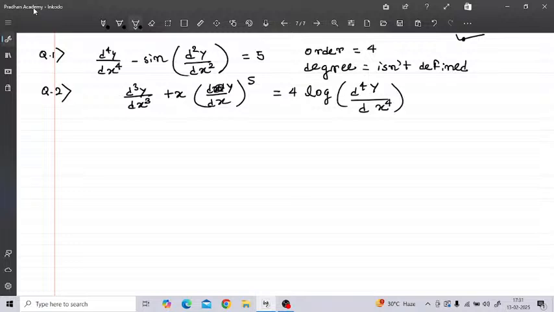Now from this same question, what is order and what is the degree? So here the highest order derivative is 4, so order is 4. But for the degree, the differential equation must be a polynomial of derivatives, but here the logarithm function is involved, you can see, so degree is not defined.